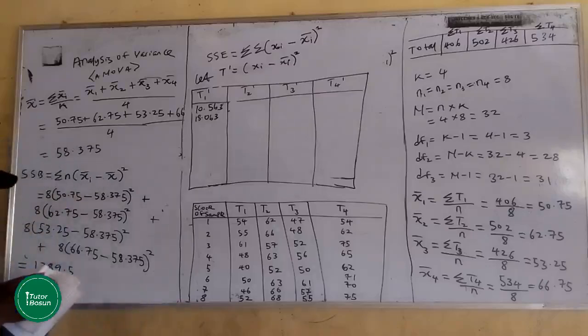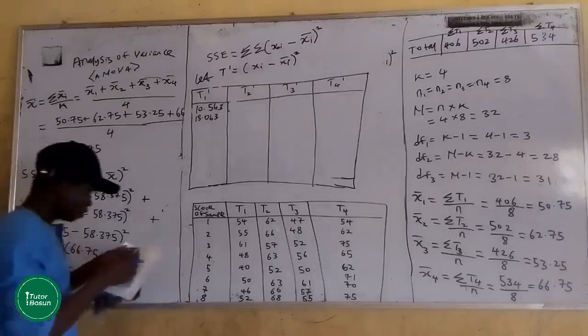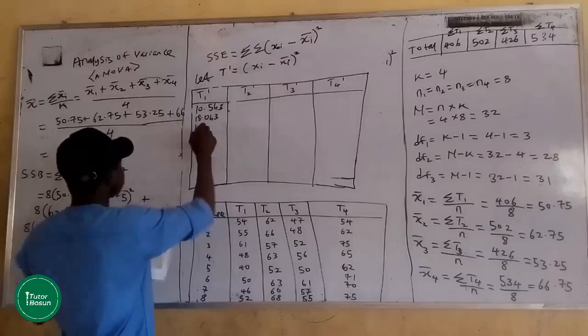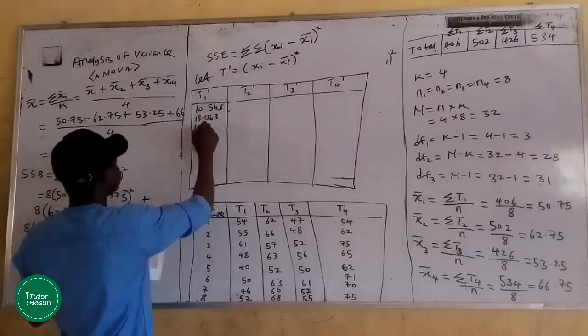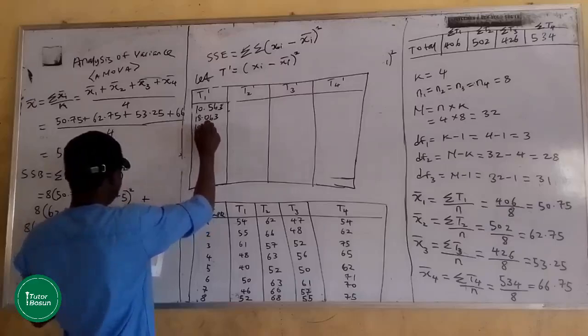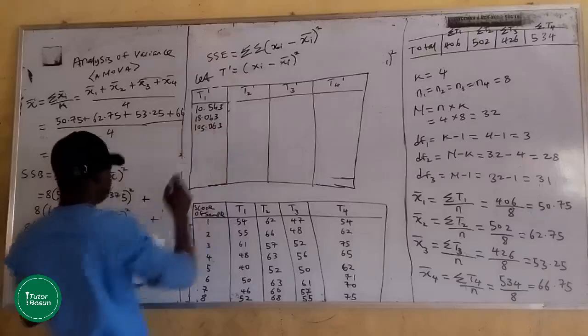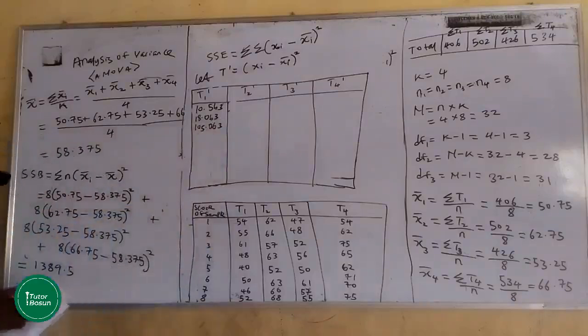The next one I have 61 minus 50.75. That's 10 all squared, that's 105.063.